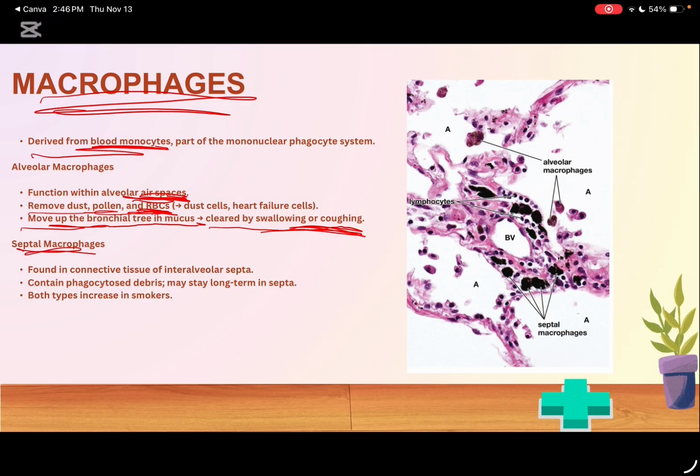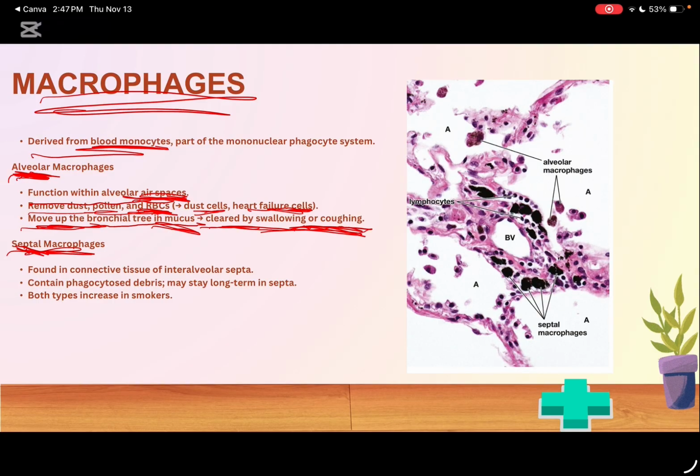Okay, septal. I was talking to you guys about the alveolar. Please don't confuse these two. Alveolar macrophages function within air spaces and remove dust, pollen, and RBCs, which results in dust cells and heart failure cells. They move up the bronchial tree in mucus and are cleared by swallowing or coughing.